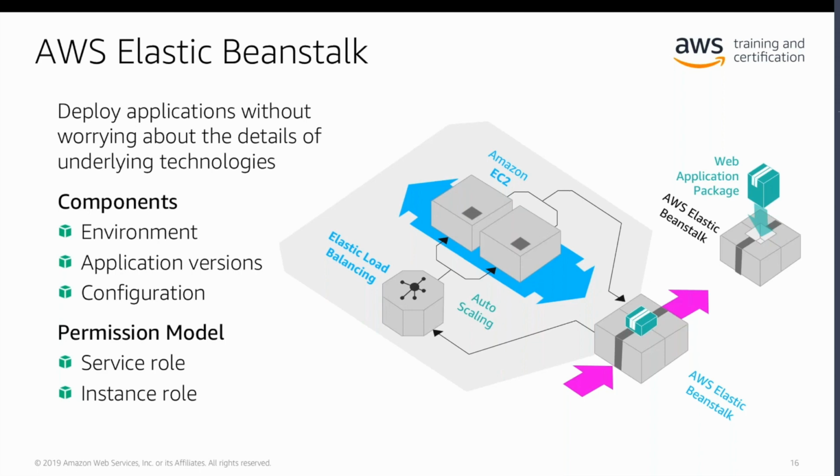So Beanstalk is pretty well covered on the exam, at least it was when I took the exam. A few things you might want to know about Beanstalk: make sure before going in that you understand the Beanstalk terminology. Know what an environment is. Know what an application version is. In a single environment, it is possible to have multiple versions of your application, and Beanstalk has some interesting ways of deploying software.